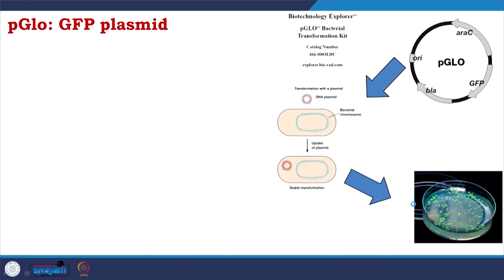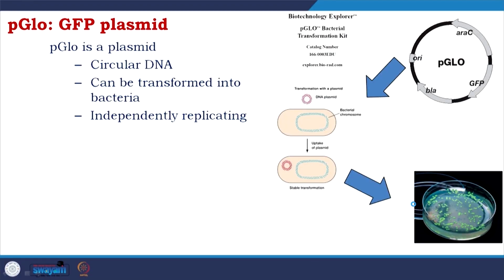And the revolution went further when there was a commercial plasmid, pGLO. The pGLO is a plasmid with circular DNA, can be transformed into bacteria and is independently replicating. So, you have the plasmid, you put your gene, you put it into bacteria, you put it into another organism, and you track that with the expression of the green fluorescent protein.